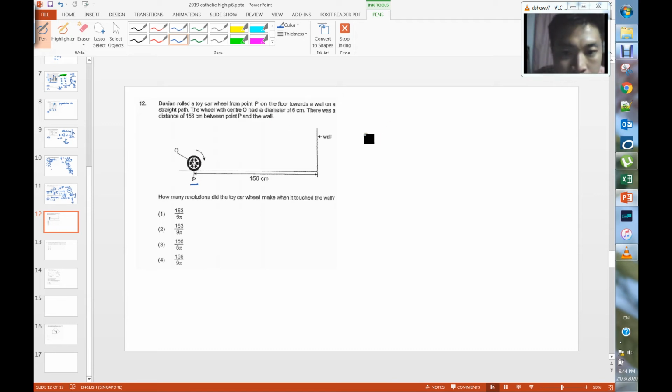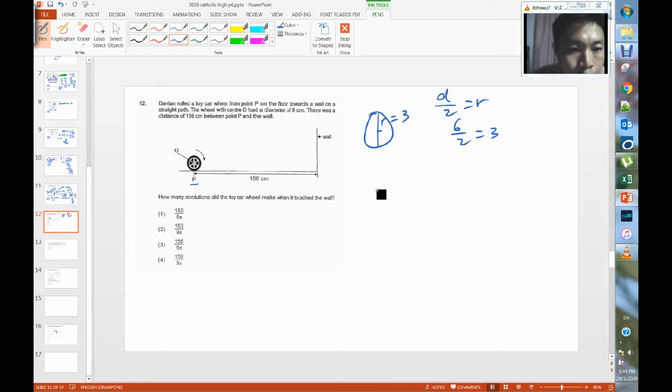So if the diameter is 6, the radius is equal to 3, because diameter divided by 2 is equal to the radius. So 6 divided by 2 is 3, so your radius is actually 3 cm. Now there was a distance of 156 between point P and the wall.